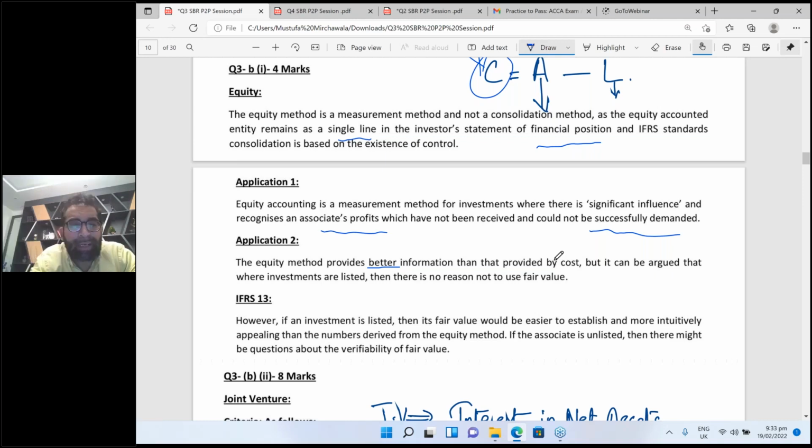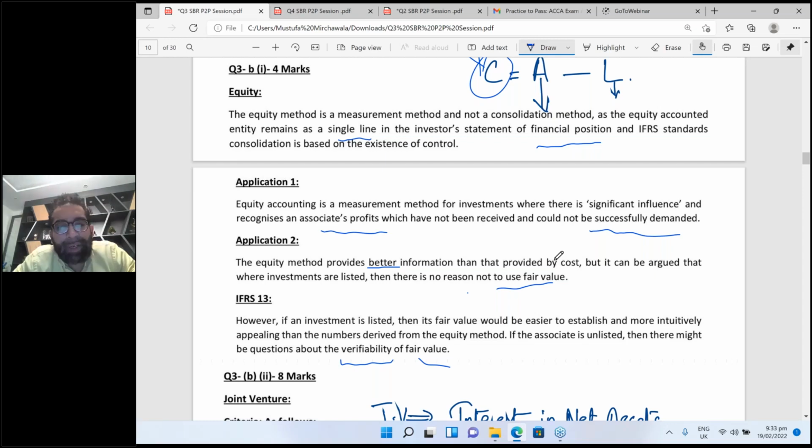But it can be argued that where investments are listed, there is no reason not to use fair value. Yes, when it is a listed investment, fair value is excellent, because fair value gives you the real picture. If an investment is listed, its fair value would be easier to establish and more appealing than the numbers derived from the equity method. If the associate is unlisted, then there might be questions about the verifiability of fair value.